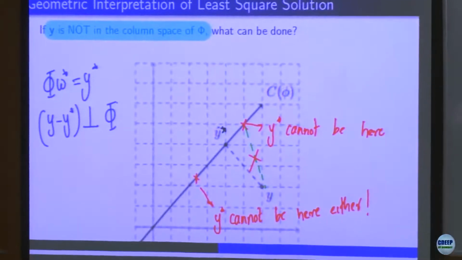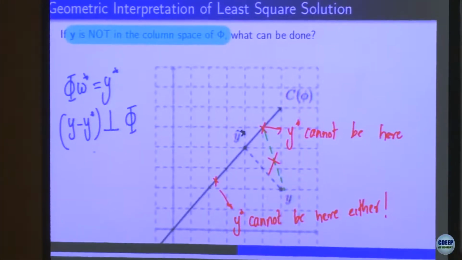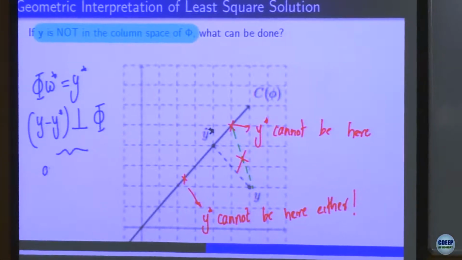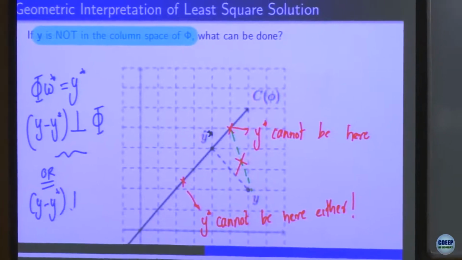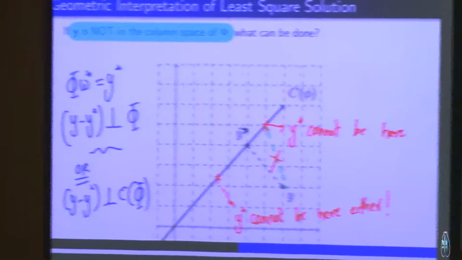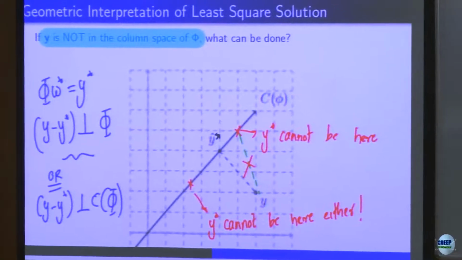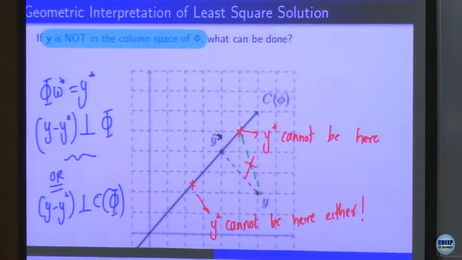They are related, right? So are these two statements okay? You can also say y minus y star should be perpendicular to the column space, but it suffices: if it is perpendicular to phi, you are done, and it's perpendicular to any linear combination of the columns of phi. Everyone with me?